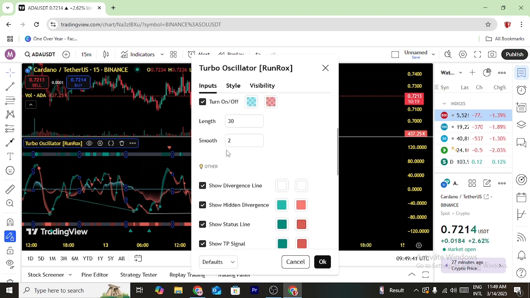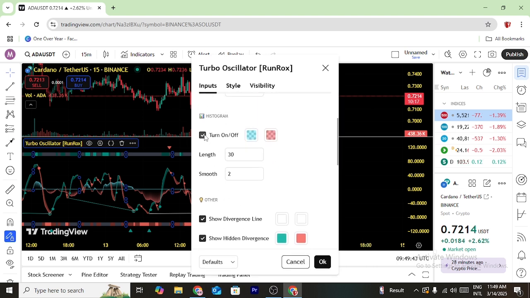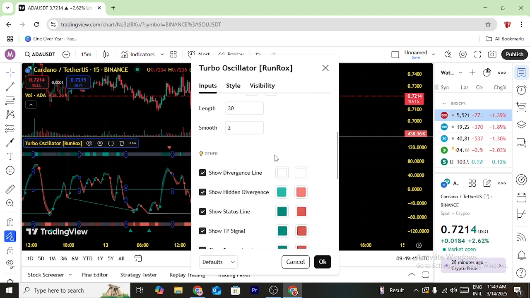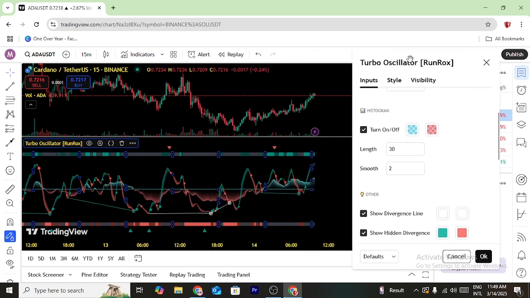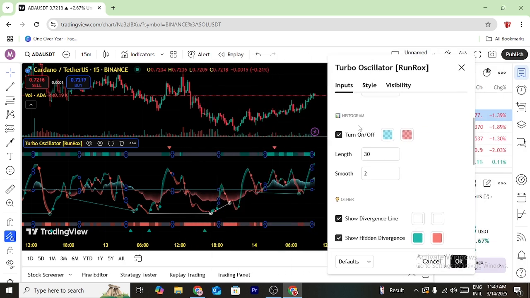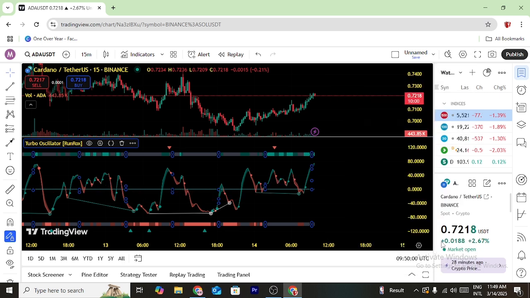Now we have to turn the histogram down. This is okay. It's not needed for now. Okay, our setting is ready.